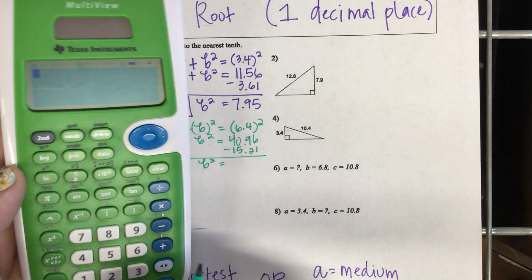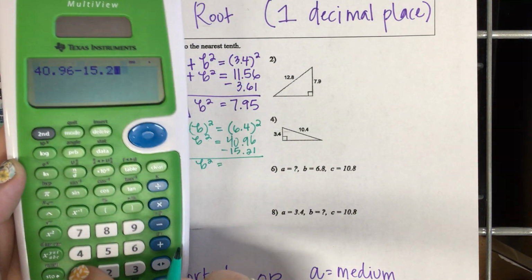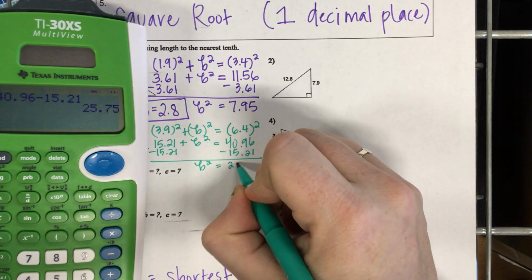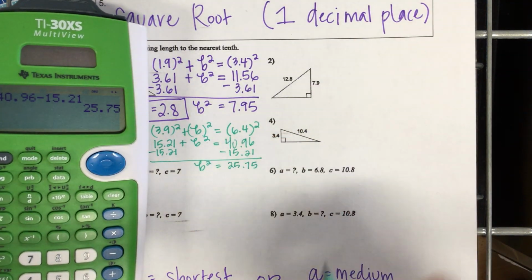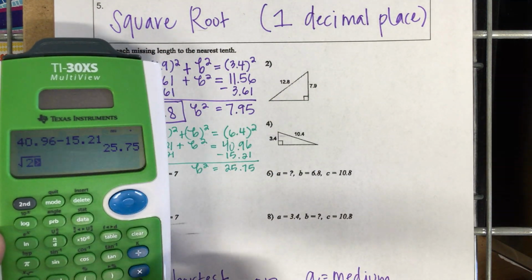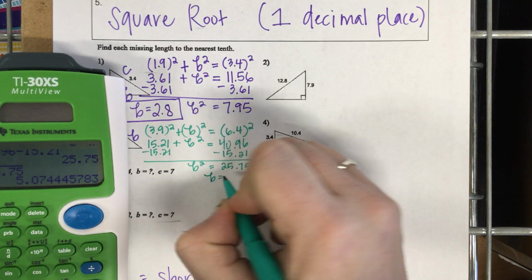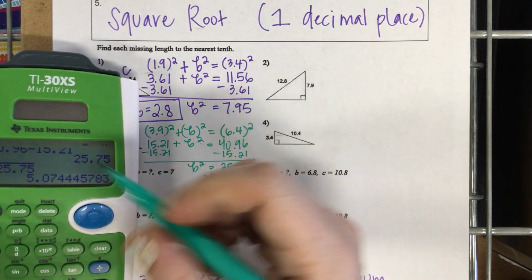So 40.96 minus 15.21 is 25.75. And the last step is square root. So B equals 5.1.